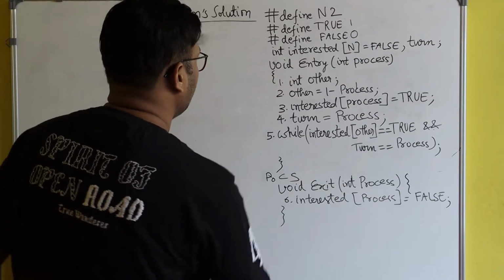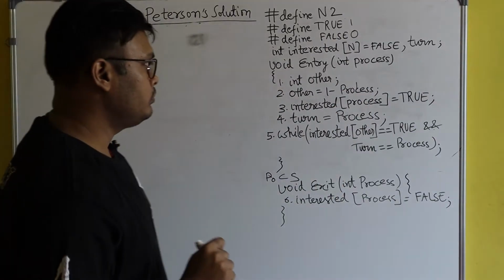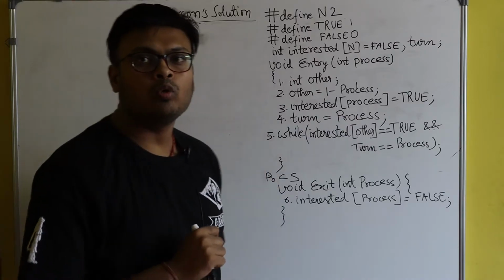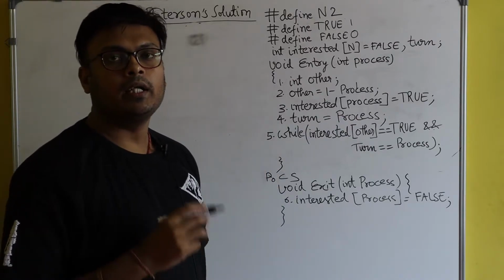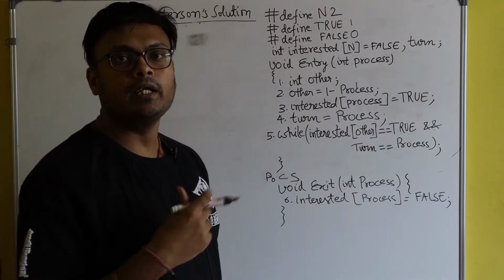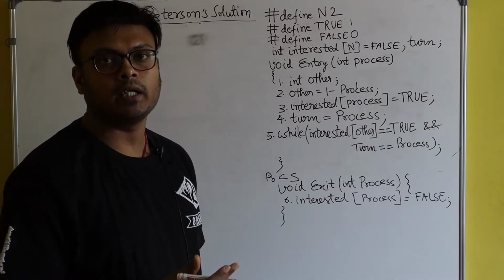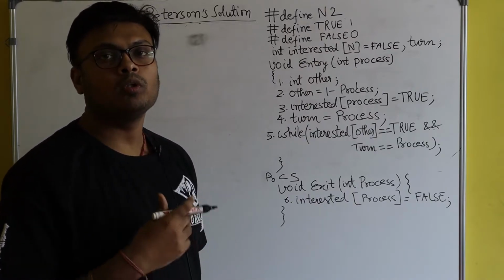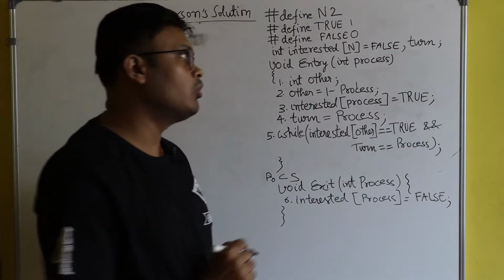So here you see the interested array. As I've already told you in the previous lecture, interested indicates the interest of a process to enter inside the critical section. So here the interest of both the processes is initialized as false.